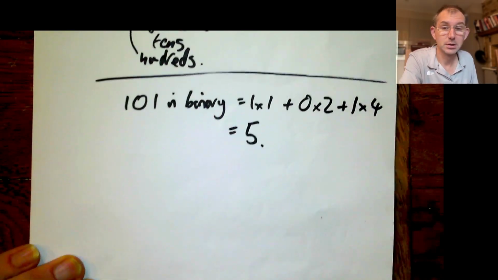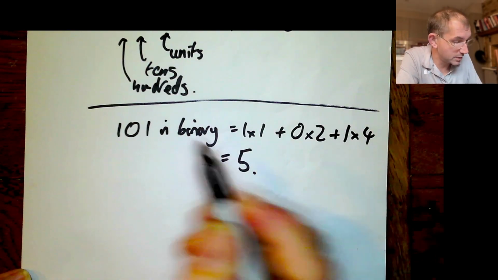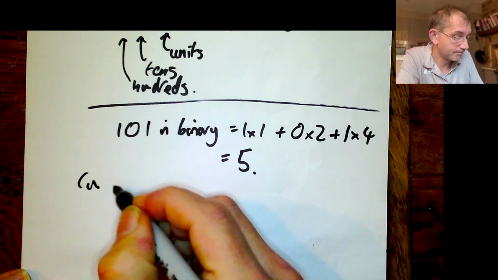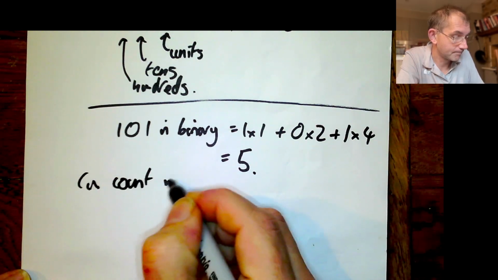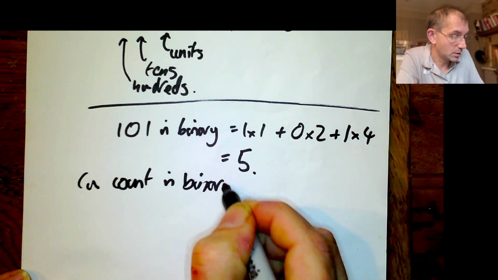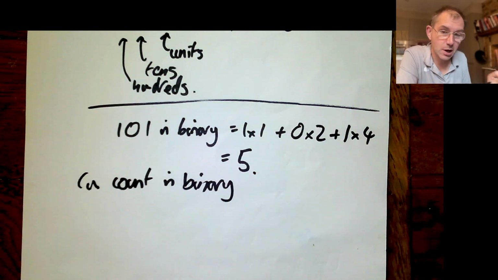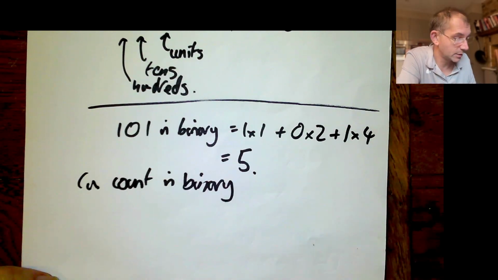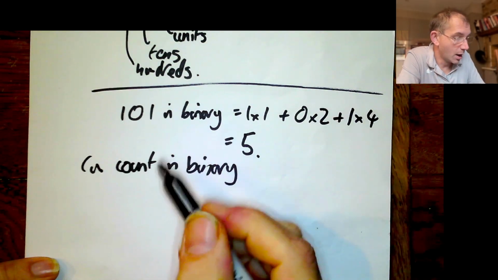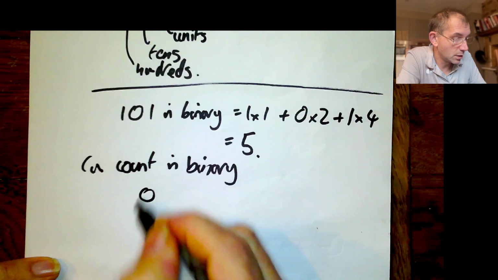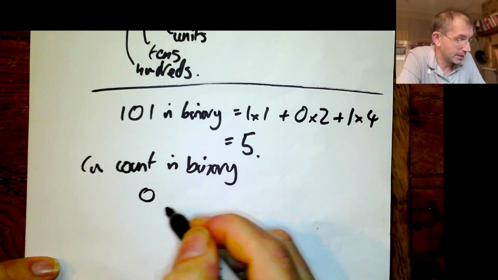Okay. So now we can count in binary. And this is the bit that's kind of useful, because sometimes you need to just go through all the possibilities of things that could be in sets or outside of sets and so on. Start with 0. It's always a good place to start.